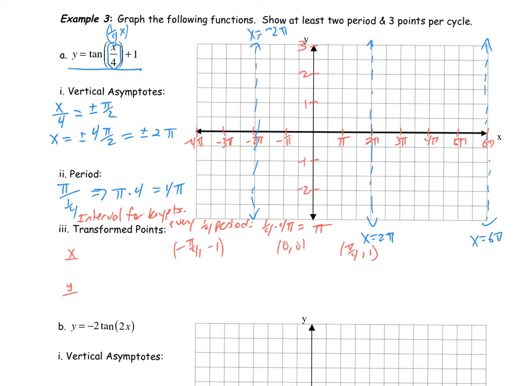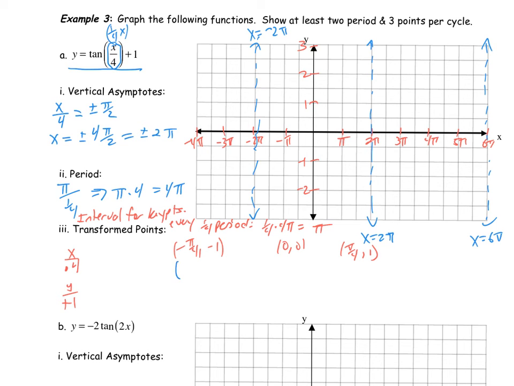Because we have this x over 4, our x values are being multiplied by 4. And the only thing that's happening to y values is that 1 is being added to them, because of this plus 1 here. So I'm going to apply these transformations to these 3 key points.